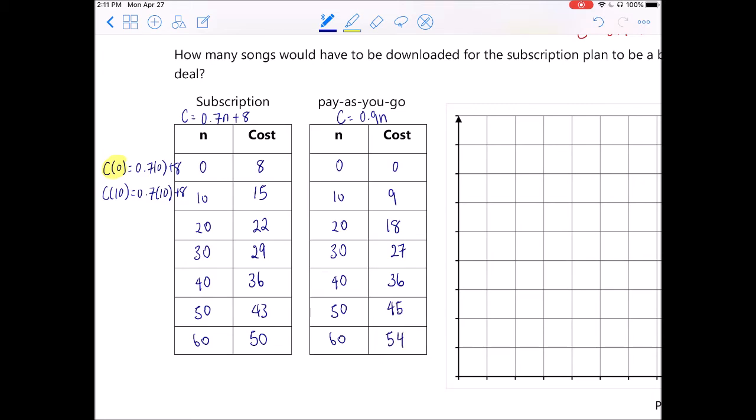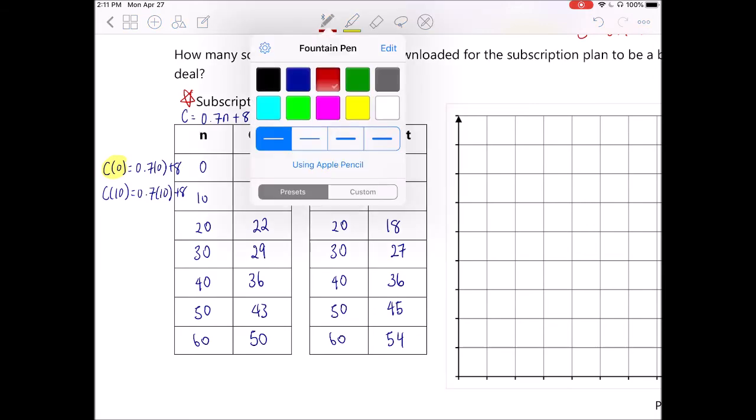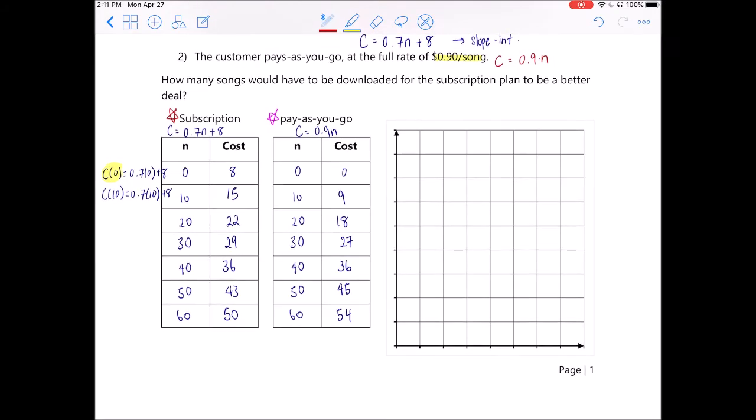All right. Let's try graphing, or plotting, these. I'll use red for subscription and pink for pay-as-you-go. We first need to set our axes. Our independent variable is n, so n goes horizontally. n is the number of songs. And cost is the dependent variable, C, in dollars.